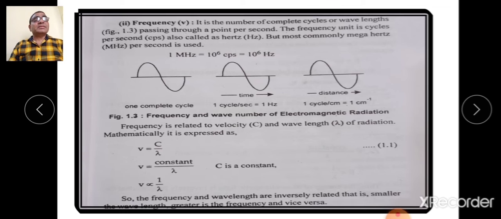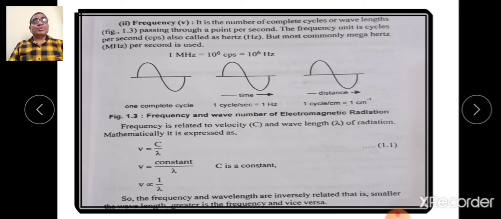The frequency is measured in terms of cycle per second, CPS, also called hertz, but most commonly megahertz is used. The 1 megahertz is equal to 10 raised to 6 cycles per second, which is equal to 10 raised to 6 hertz.